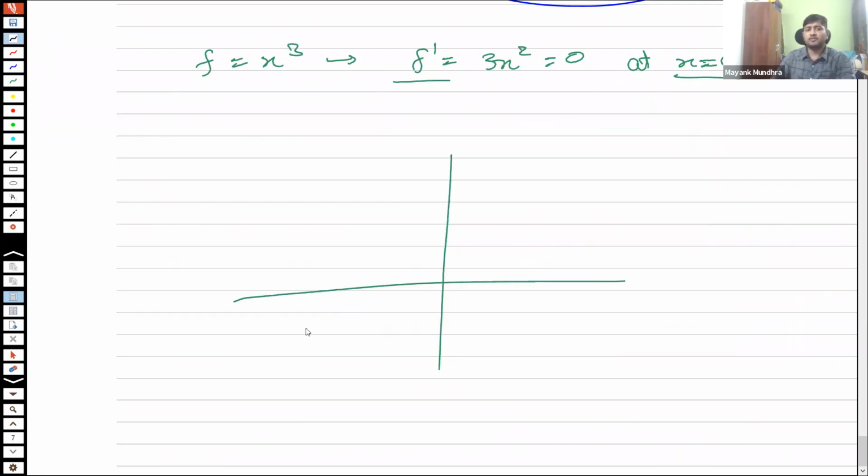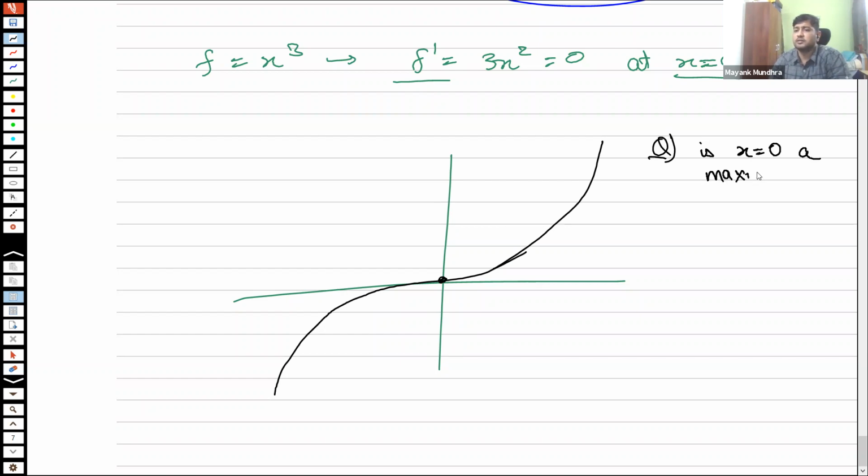But if I look at the graph of x cube, it looks like this. This is what the graph of x cube looks like. So the question is, is x equals 0 a maxima?